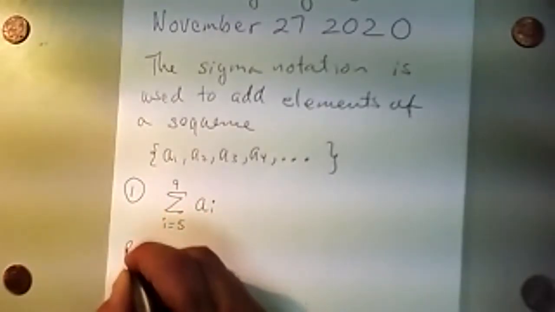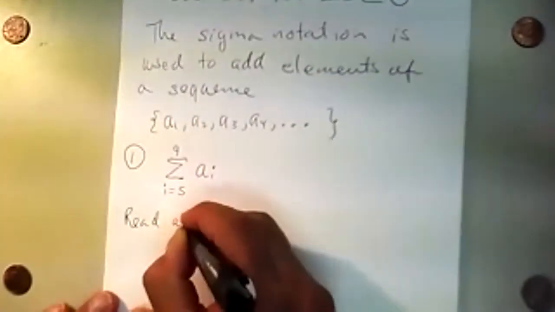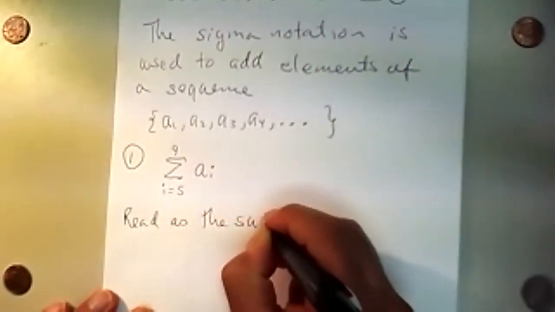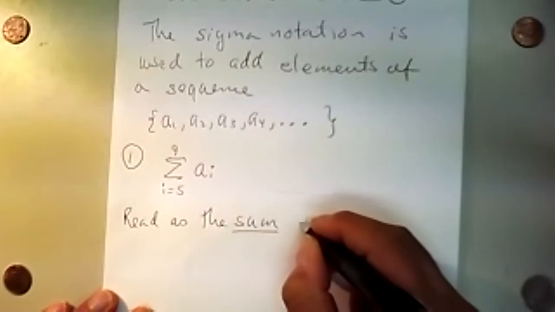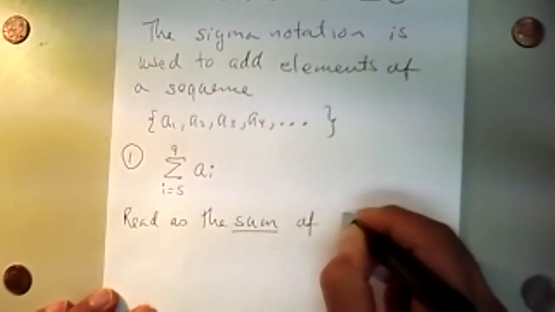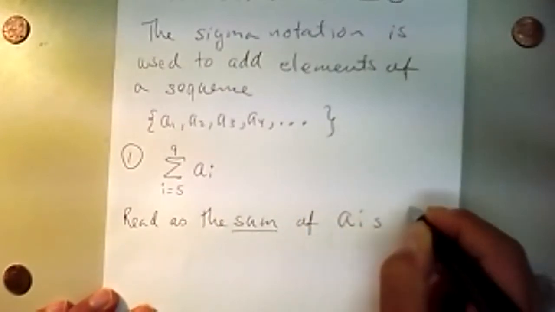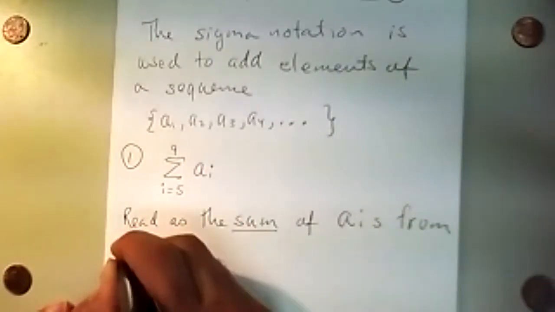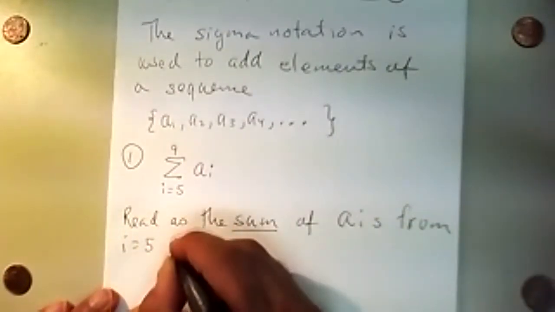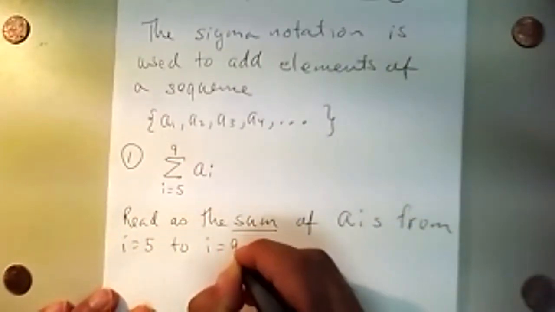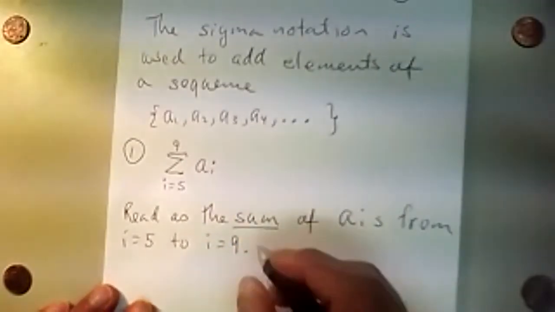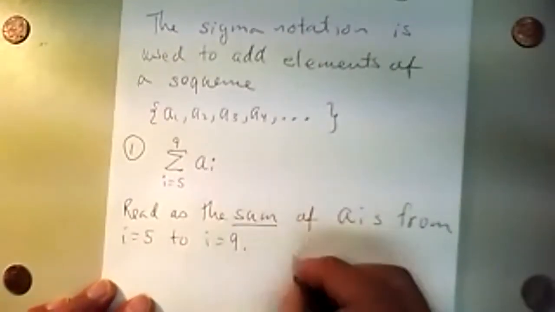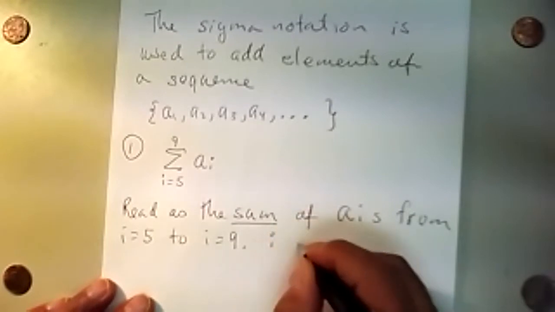This is read as the sum, very important, sum of the A sub I's from I equals 5 to I equals 9. I is called the index.